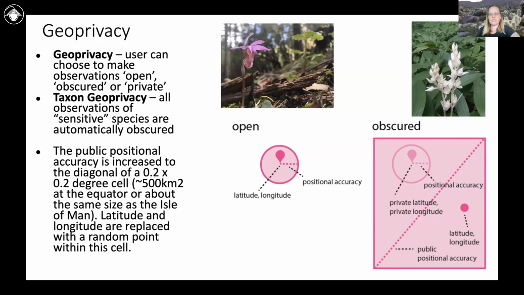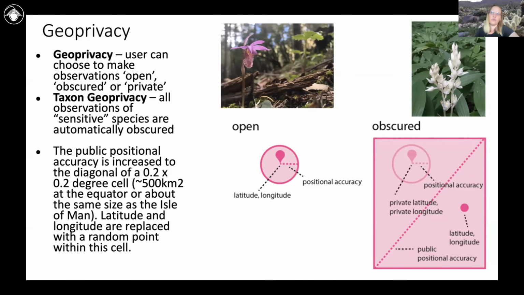So some species, even if they're not altogether rare, but are subject to poaching, they may be obscured. And so this is done by curators, and it's a taxon by taxon, location by location sort of decision. So there's not one broad arching criterion that controls everything. It's kind of nuanced.